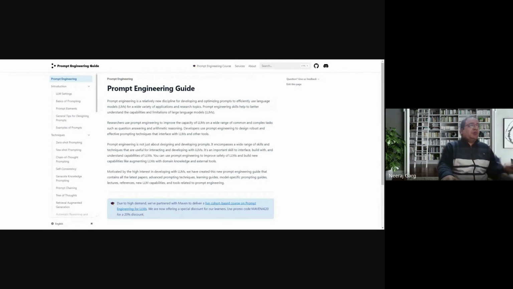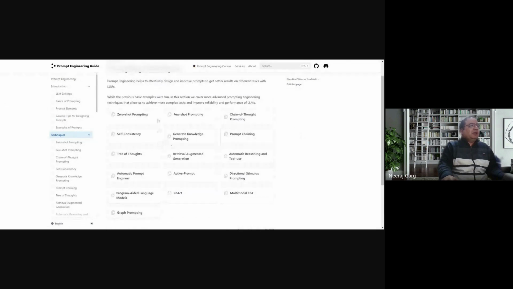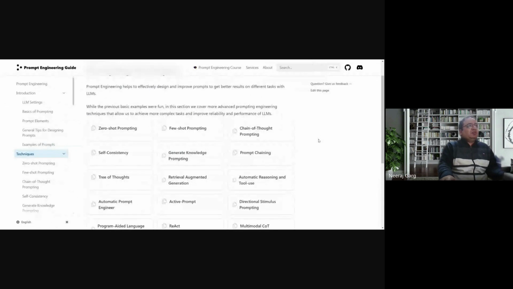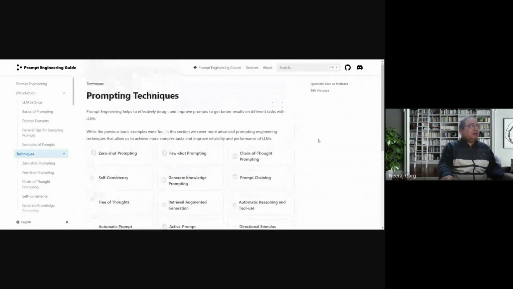A prompt is the text which is given by a user or developer to the foundation model to get our answer. Now there could be multiple techniques for prompting. All these techniques which you're able to see on your screen are prompt related techniques only.